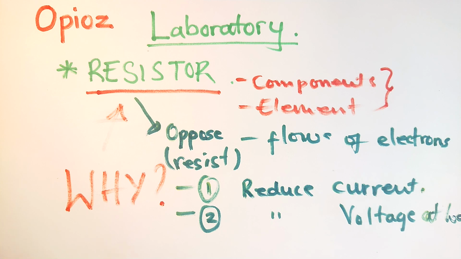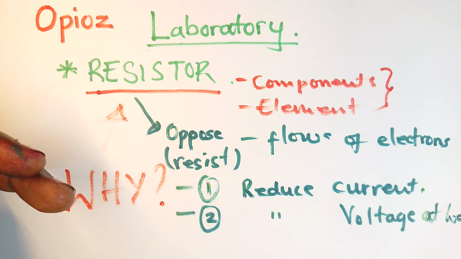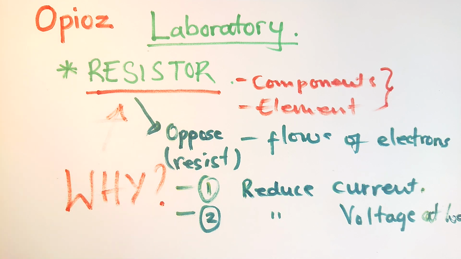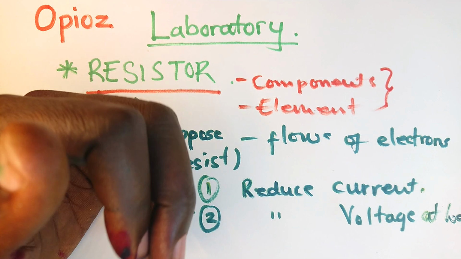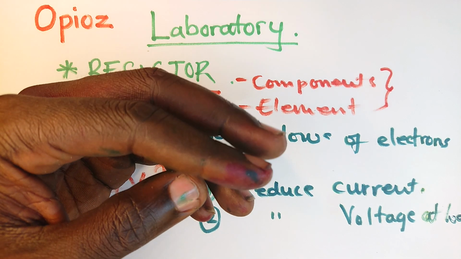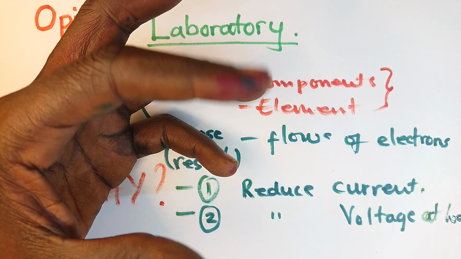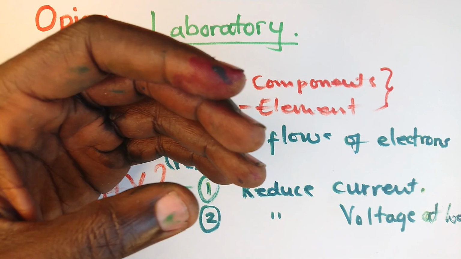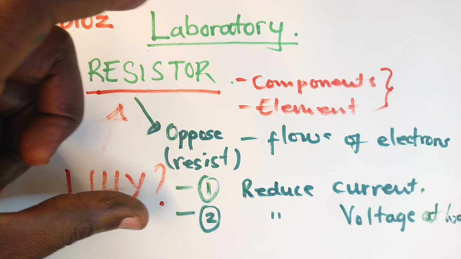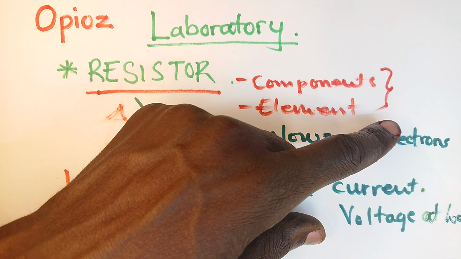So depending on what you need to use the resistor for, that will determine the value of resistance that you need. In other words, which kind of resistor of what value would you use for a certain thing. I'll just give you a simple example. In one of the videos where we were talking about circuits, we showed you that at times you can increase the voltage and that will increase the brightness of the bulb.